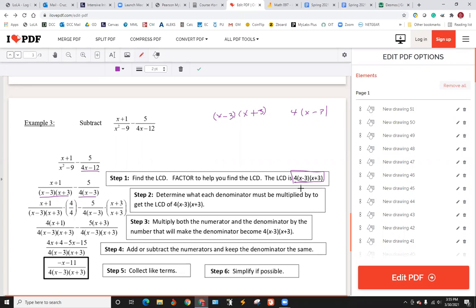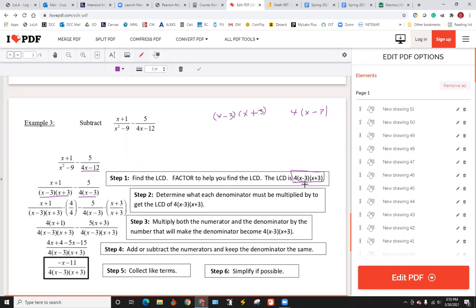Now, like I said, this is very formal, and as a shortcut, I would just tell you that really the only thing that needs to be multiplied by 4 is just the x plus 1. Once you've determined the LCD, you can just put it down there one time like that. So 4 times x plus 1 is 4x plus 4.